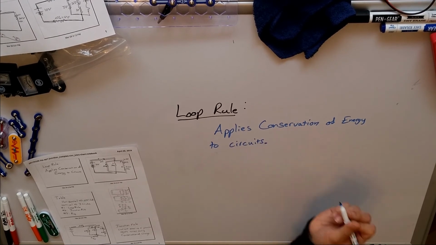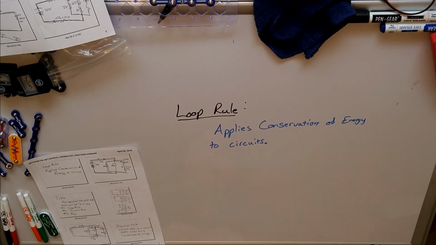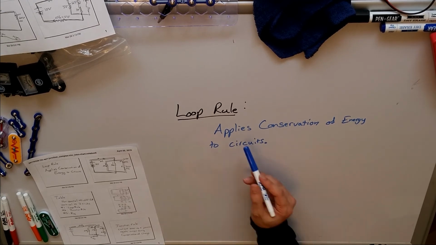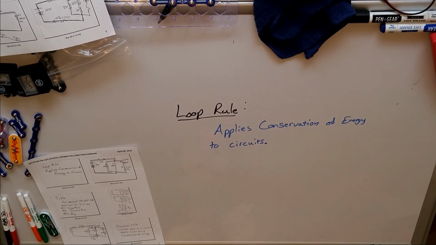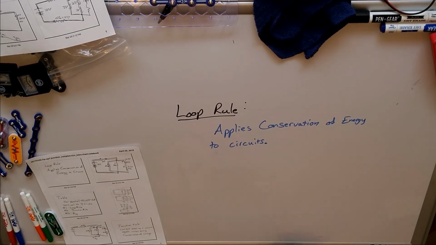That's actually why loop rule, you're going to find, applies in so many even incredibly advanced places, because what it is doing is applying conservation of energy, which is a fundamental rule of the universe. This is where conservation of energy comes in our study of circuits.